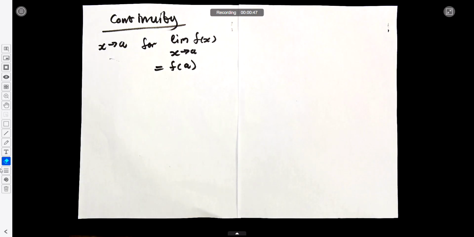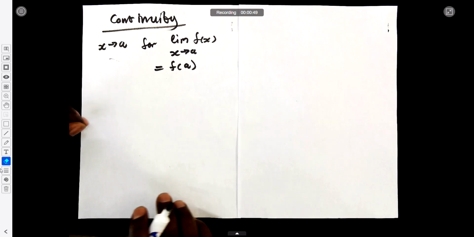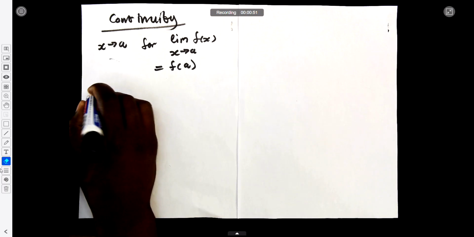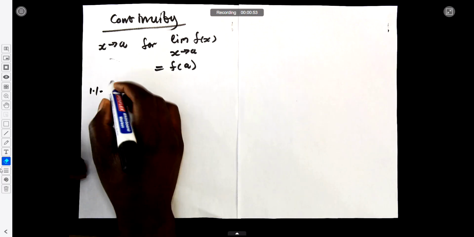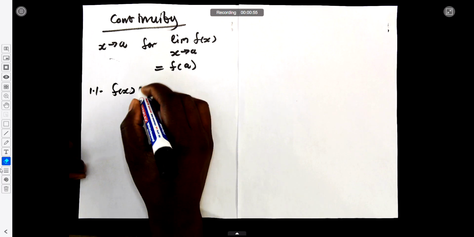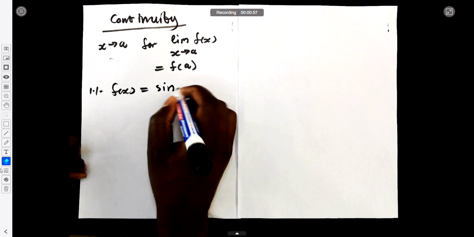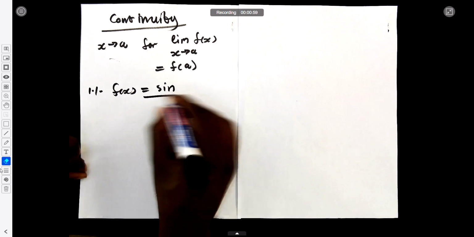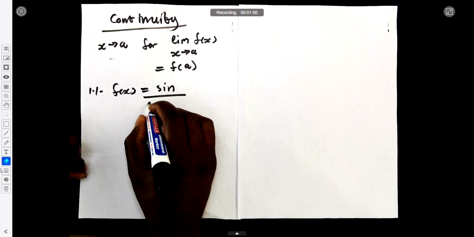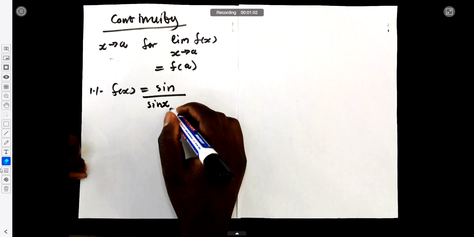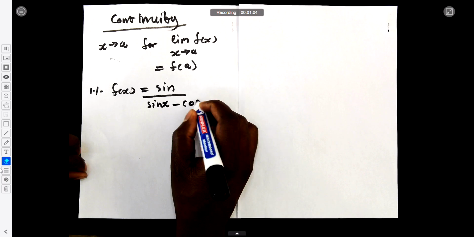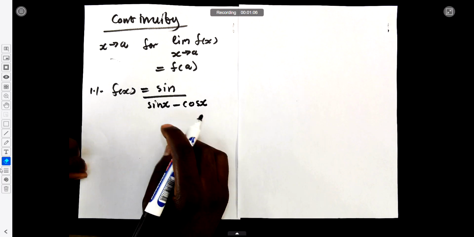But I want to take a few problems so that they explain different types of functions. For example, let's say we have f of x equals sine x all divided by sine x minus cos x.